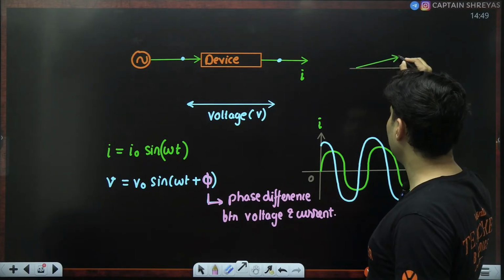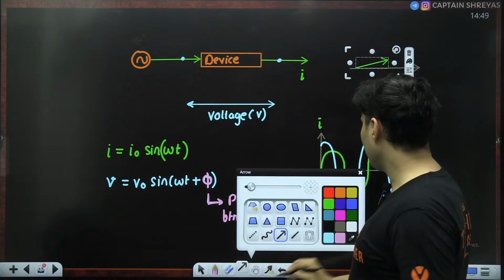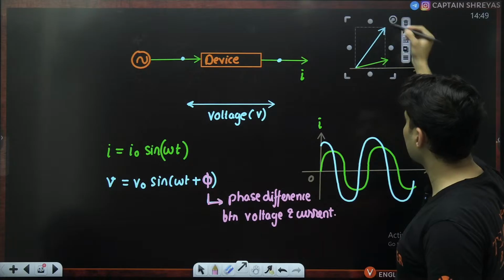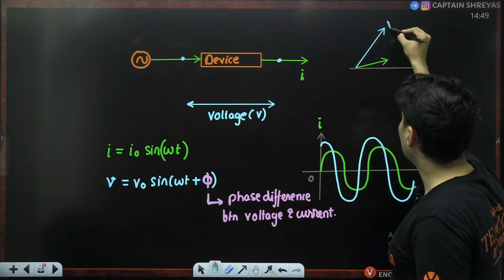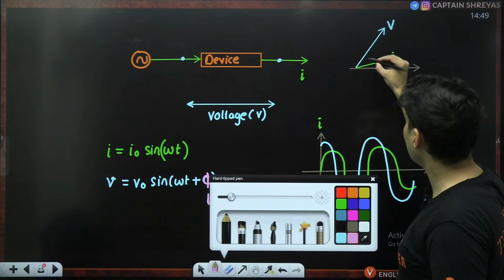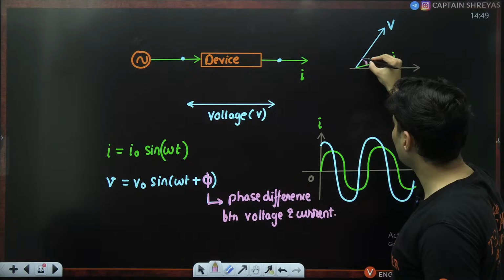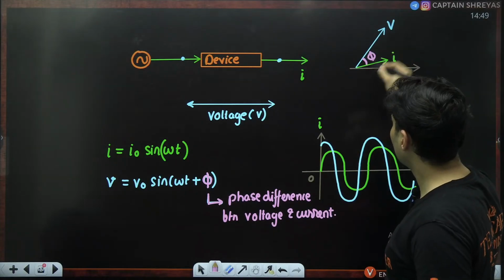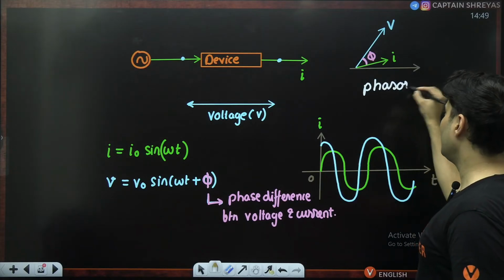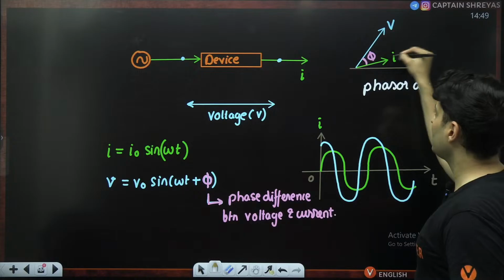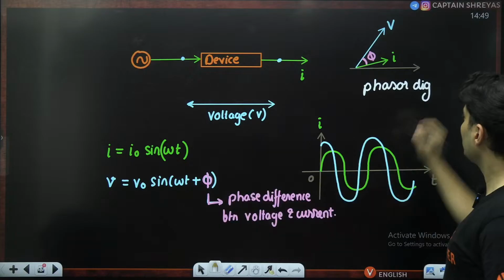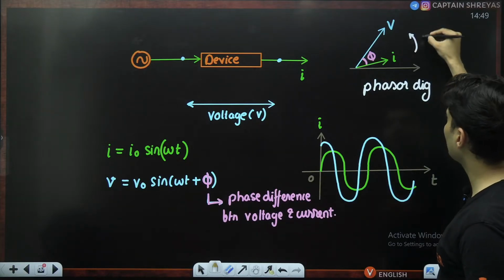Maybe the phasor of current is over here, and then the phasor of voltage might be like this. There is a difference between the two, which is basically phi. This is what it might look like in the phasor diagram. It tells me the difference of the phases, and these two things will be rotating together with a common speed of omega.